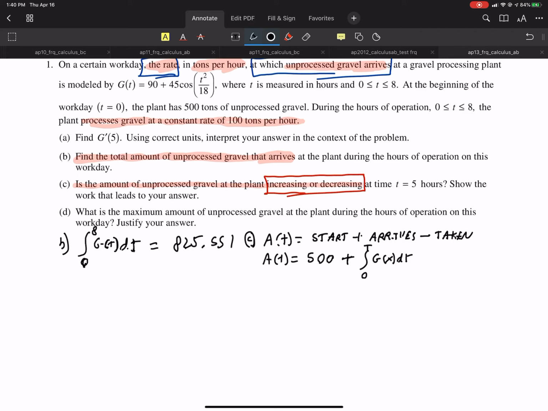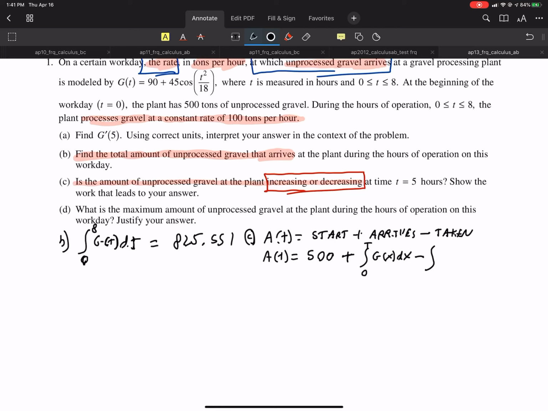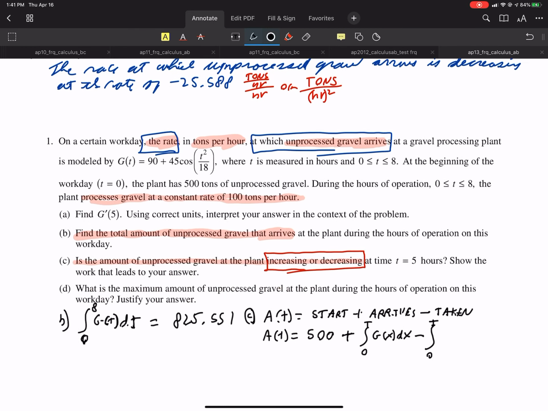We had to change our variable in our function because t is used in our integrand. And then you subtract the amount taken away, but the amount taken away, you integrate the rate at which it is taken away. Now we already told the rate at which it is taken away is 100.